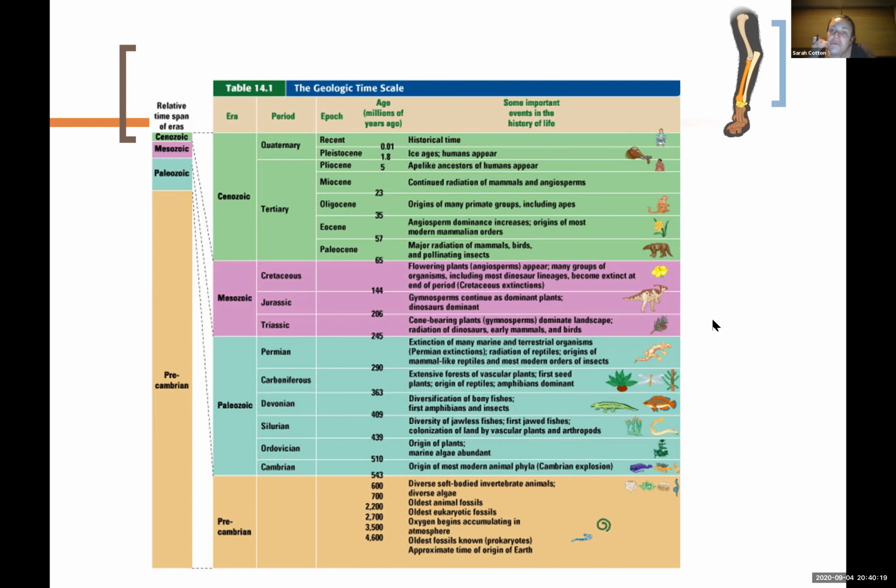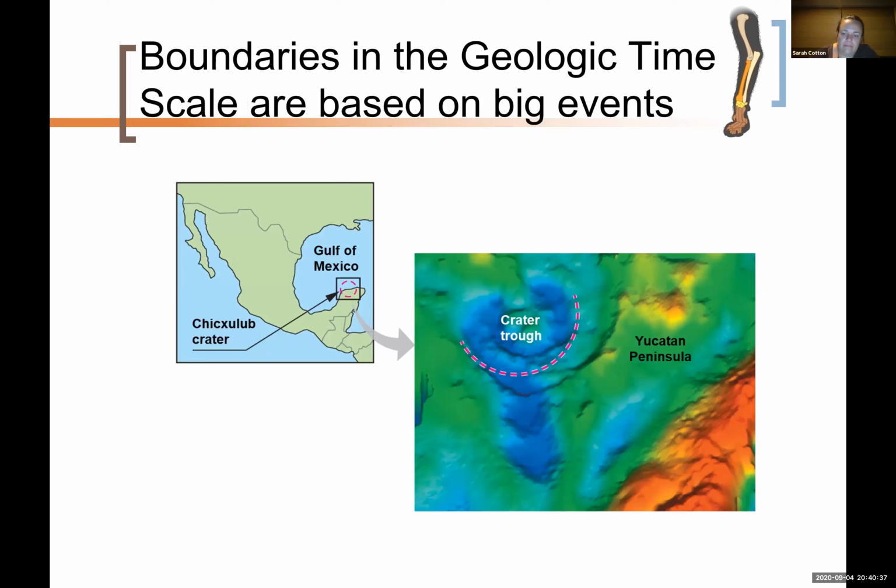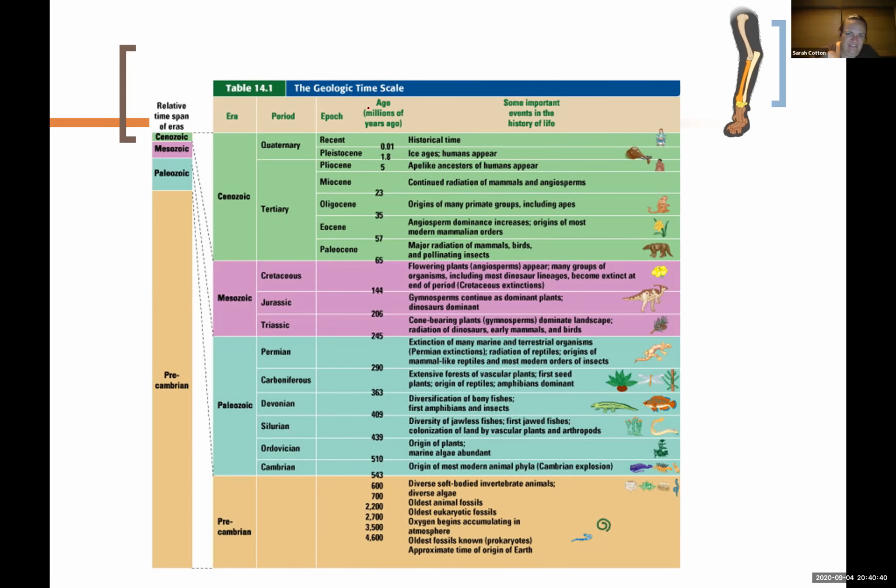And if you look at a geologic time scale, I don't even think there is one in your book, probably because they're trying not to overwhelm you. You don't need to memorize any of this though. I'm just showing it to you so that if you're curious, you can look around. So this time scale has ages associated with it.